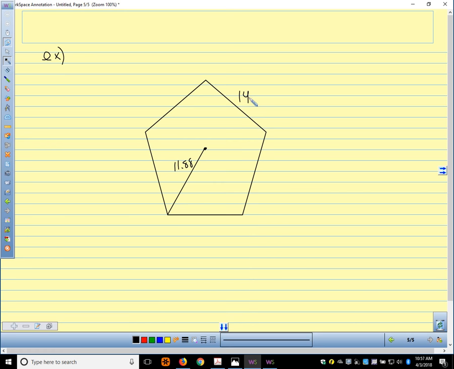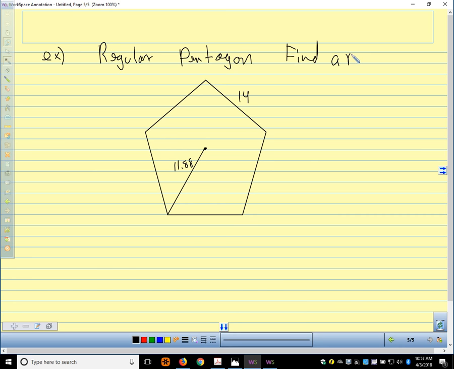So it's a regular pentagon. All right, do we have the apothem here? No, this is not the apothem. This is the radius. So we need to figure out the apothem.